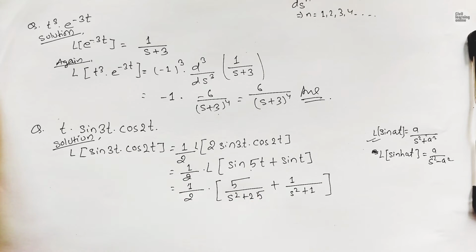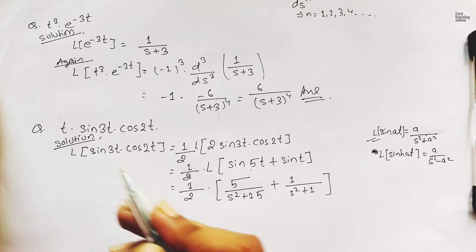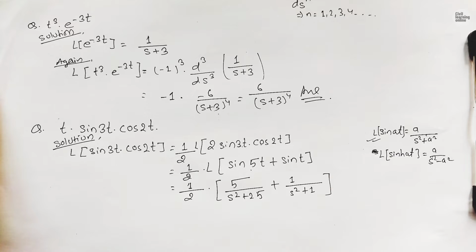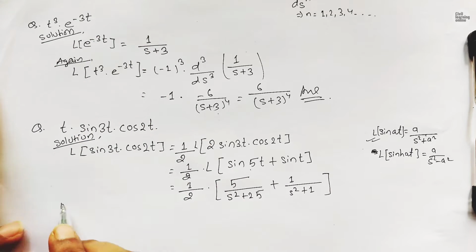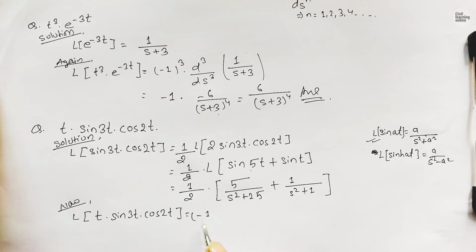Now we have converted this successfully into the form of s. Now we will find the Laplace transformation of t times sine 3t times cos 2t, and we will use this operation here. So we have here now Laplace transformation of t times sine 3t times cos 2t will be equal to minus 1 to the power n.